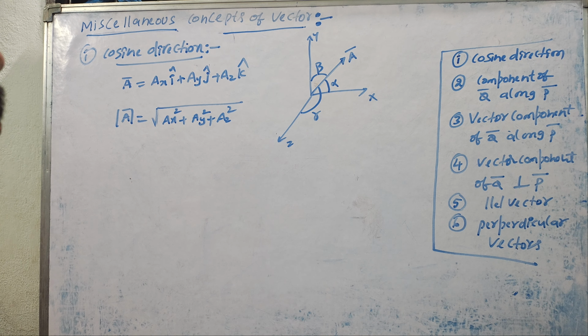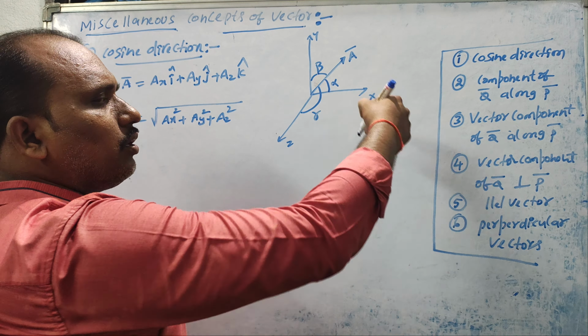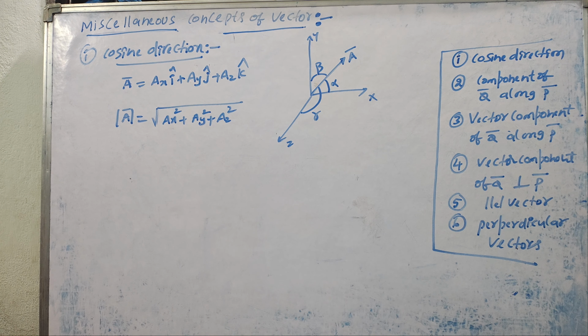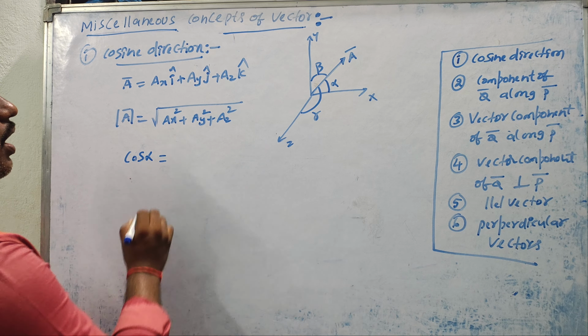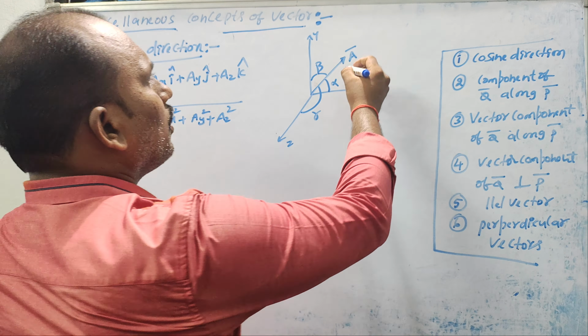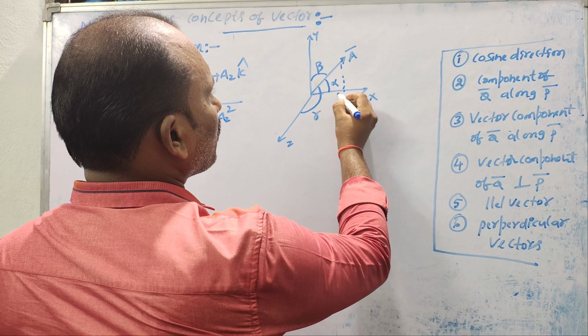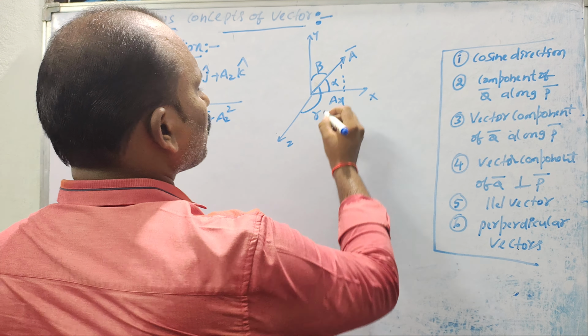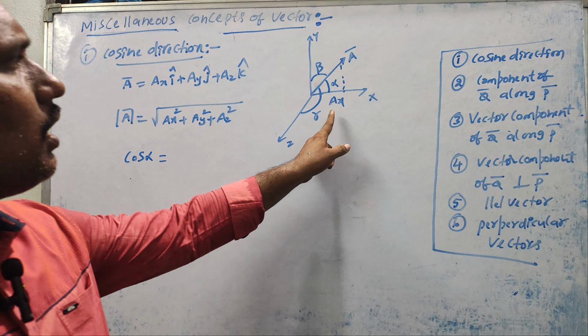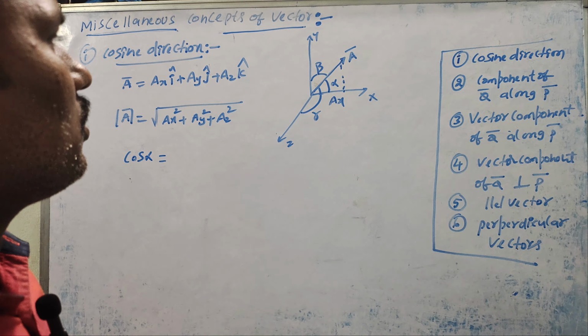Now I want to find out the direction of alpha, beta and gamma. So now I want cos alpha. How will we handle it, guys? Very simple. So this is AX, this is A bar. Cos alpha means adjacent side by hypotenuse.